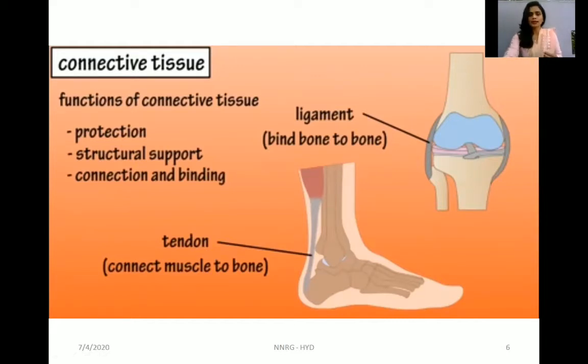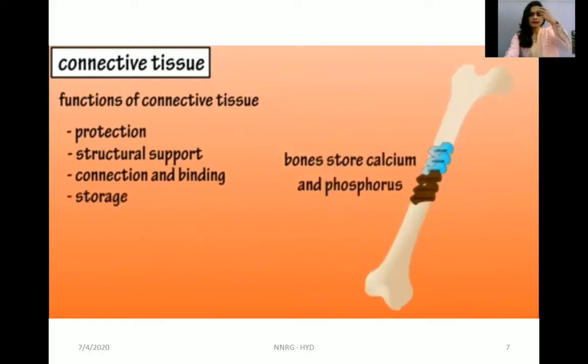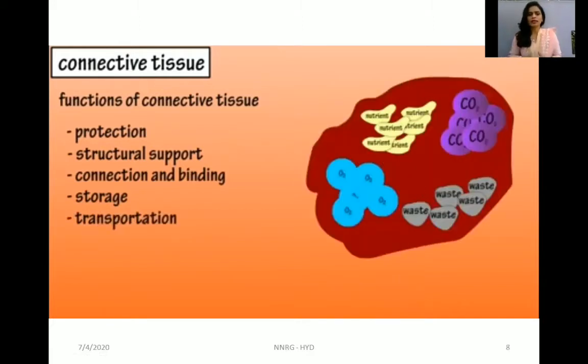That's why they are the connectors and binders, and they also act as storage, because they store minerals from the nutrients, like calcium and phosphorus in the bone. They are the storage houses for some minerals like calcium and phosphorus. They also help in transportation, because blood is a connective tissue.